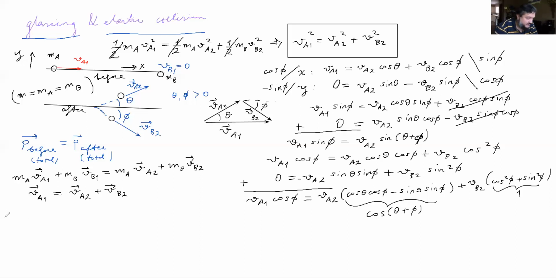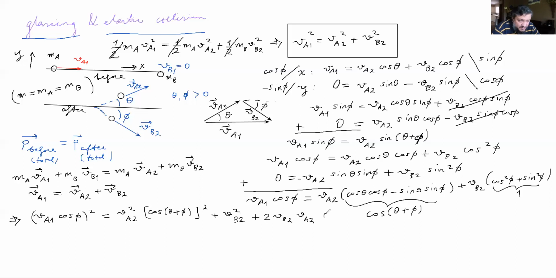So VA1 cosine phi, this squared will be equal to VA2 squared times cosine theta plus phi squared plus VB2 squared plus 2VB2 times VA2 cosine theta plus phi.